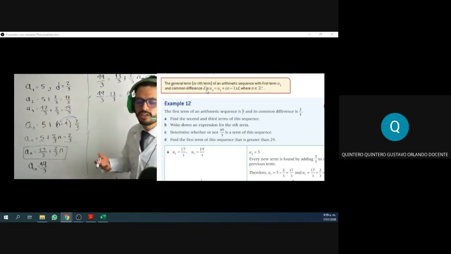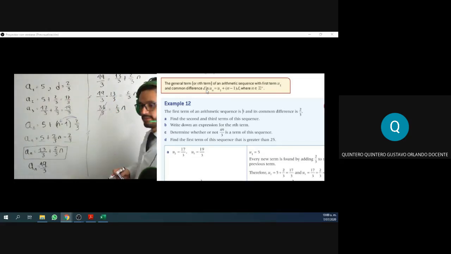This would be 2 over 3 n. Sure, I am using fractions. If you don't like it, pass those to decimals. From here, do that subtraction. 49 minus 13, this will be 36 over 3. And this is 2 over 3 times n, right?